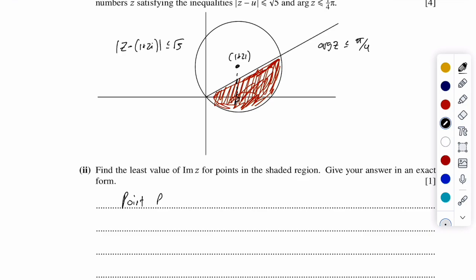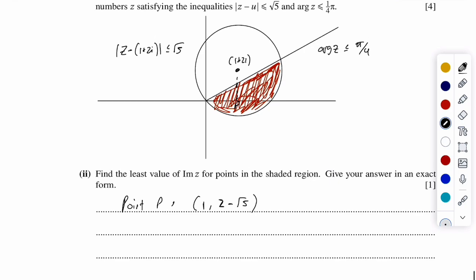Point P, and that's going to equal 1, so again, x value here 1, and it's going to be equal to 2 minus root 5 on the imaginary axis. And that's going to be your final answer to the question.